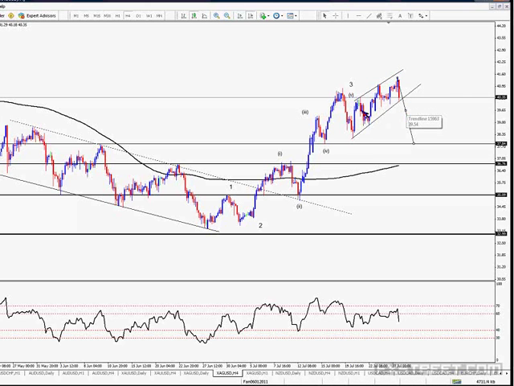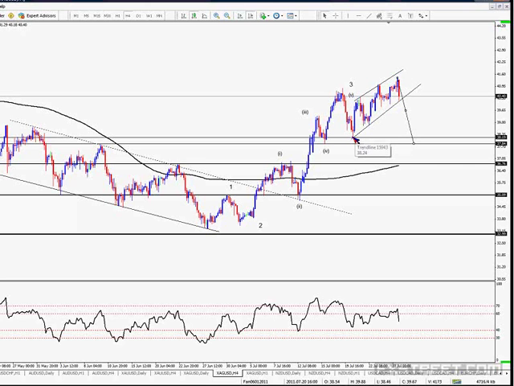As far as correction from this type of pattern, a conventional target is the origin of this triangle, which is near 38.20. I would consider this entire area, 38.20 down to 37.85, as support for silver.